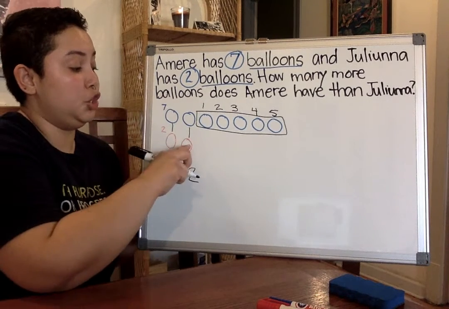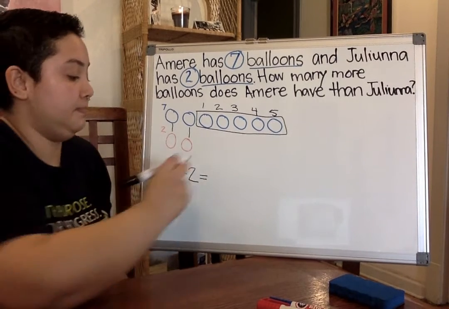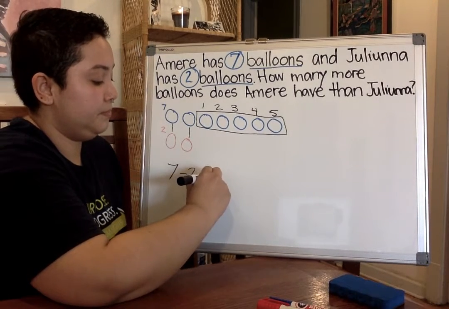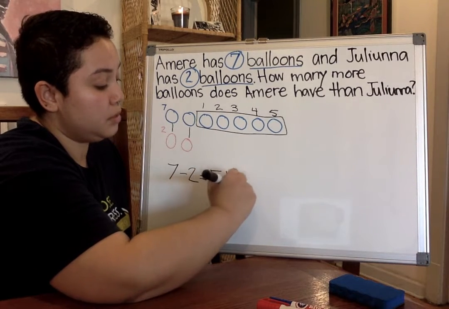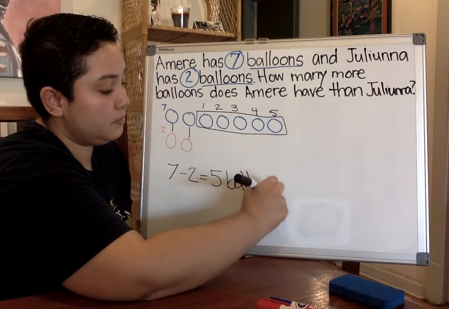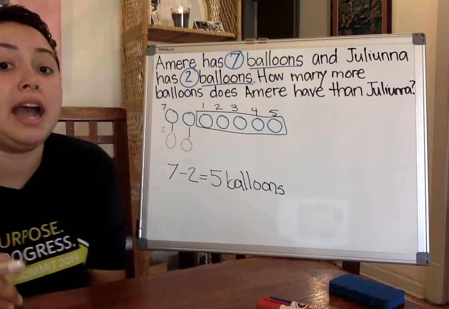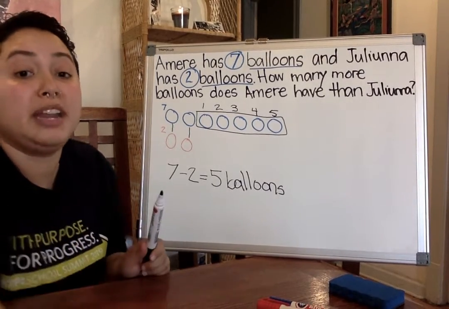We match these 2 together to get our answer. Amir has 5 more balloons than Juliana. We can put these numbers now into a number bond if we want.